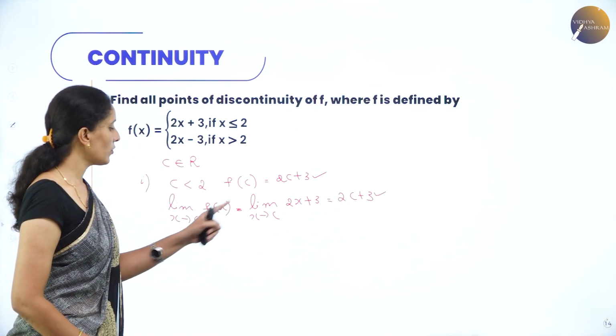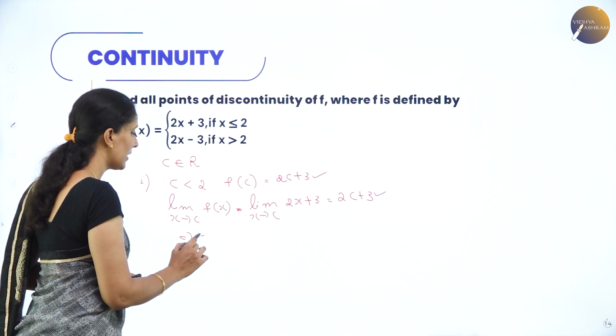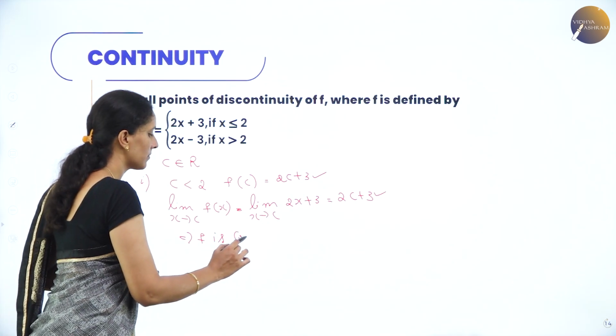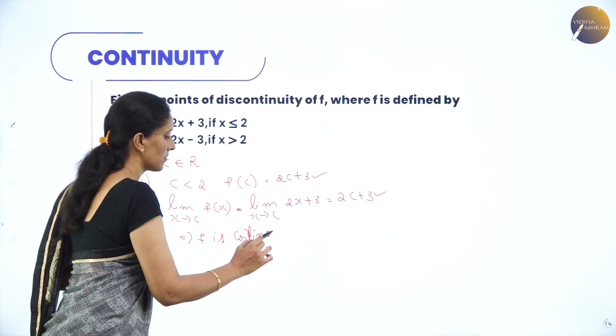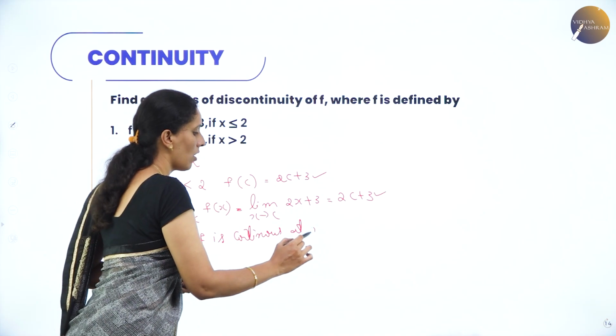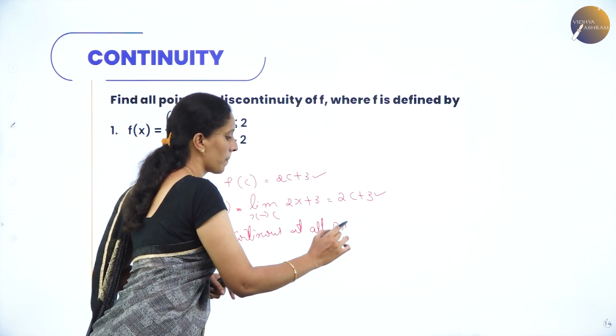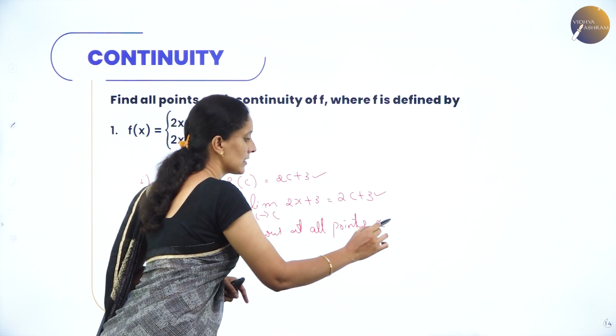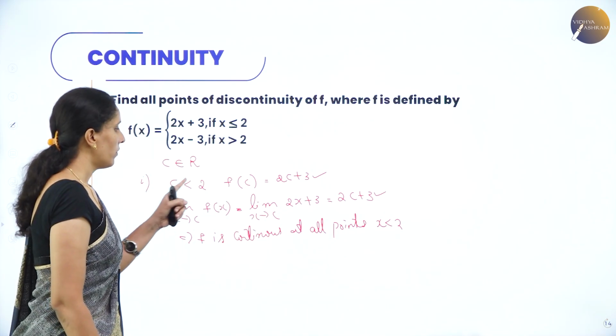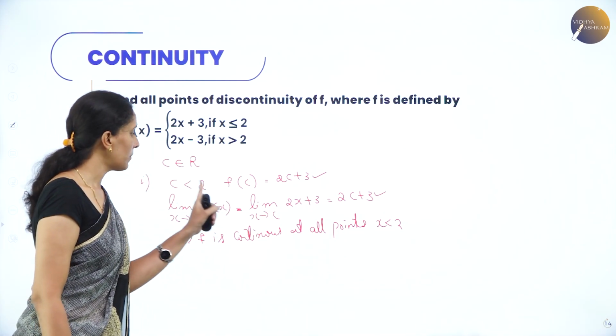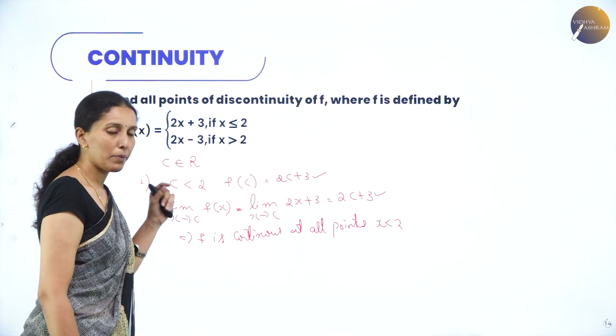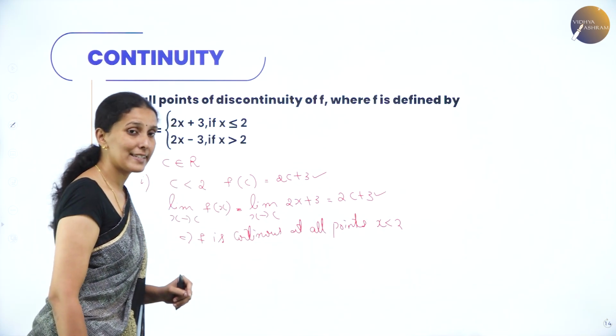So whenever these two are equal, this implies f is continuous at all points where x is less than 2. Since c is a point which is less than 2, we can take x less than 2.